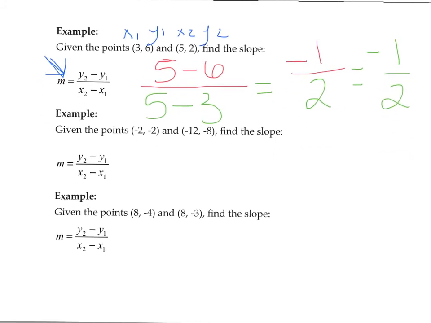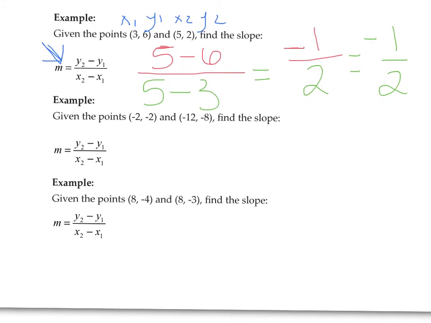We have, given the points (-2, -2) and (-12, -8), find the slope. So we're going to mark these as x1, y1, x2, y2. And we're going to fit them into the formula here.